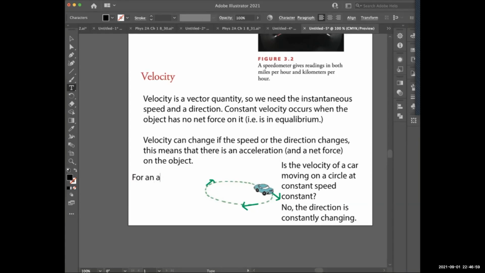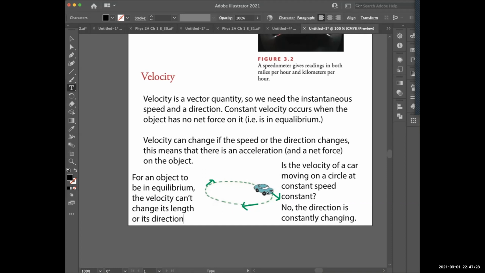For an object to be in equilibrium, the velocity vector can't change its length or its direction. Okay, other questions?